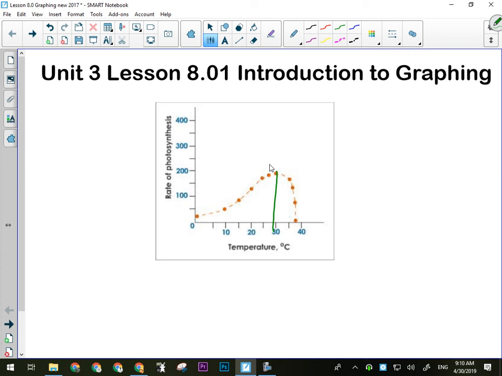So without having to read somebody's big, long report about the research that they've done for the past 20 years on temperature and the rate of photosynthesis, I can look at this graph and go, oh, temperature affects photosynthesis positively, but if it gets too hot, photosynthesis essentially stops. Once the temperature reaches about 37 degrees, the rate of photosynthesis drops to zero, and a plant is just not doing it anymore.